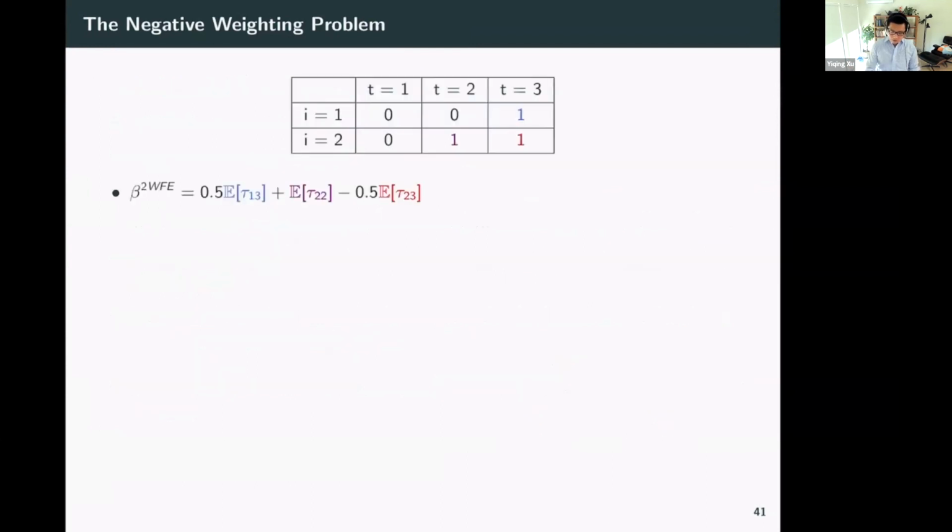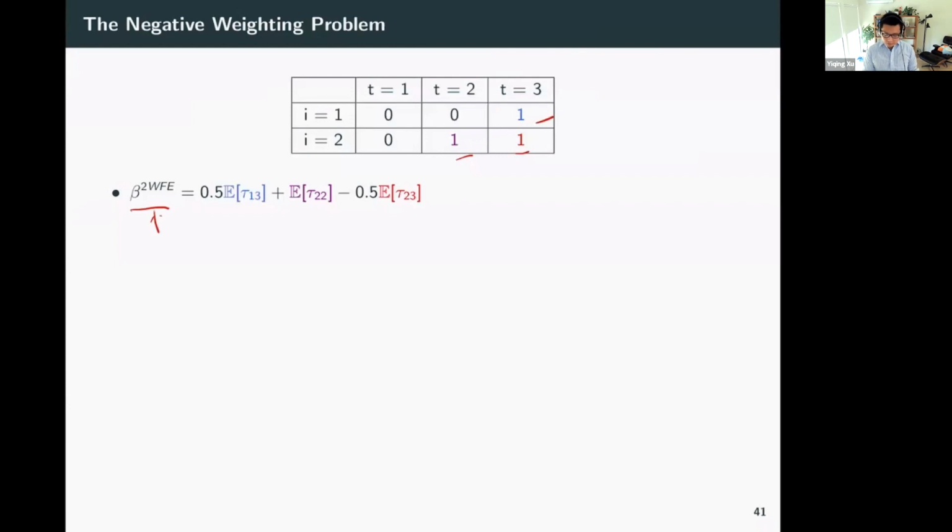Okay, let me give you an example from the paper. It's really a non-realistic but simple example for illustration purposes. You have 3 periods and 2 units. Unit 1 is treated at period 3, and unit 2 is treated at period 2. So the two-way fixed effects estimate is a weighted average of tau_it for these 3 observations.